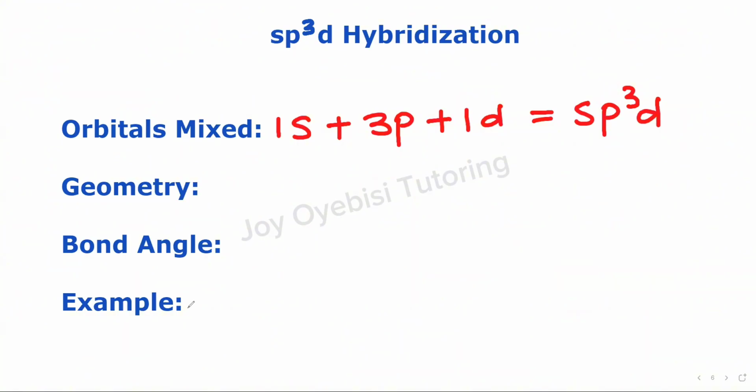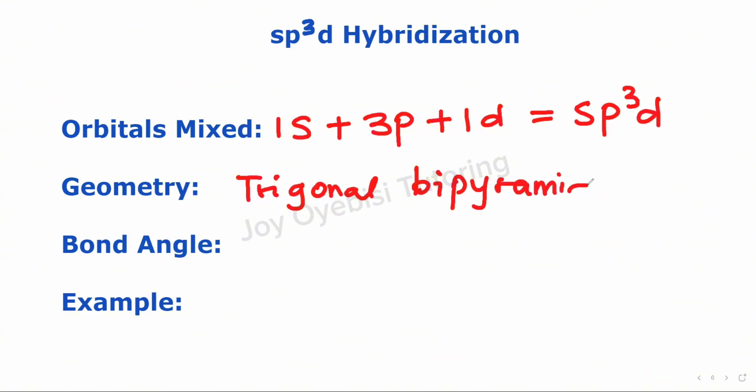Molecules with sp3d hybridization will have a geometry or a shape that looks like trigonal bipyramidal. Trigonal bipyramid. And the bond angles for such geometry are 90 degrees and 120 degrees. So they have 2 different bond angles.